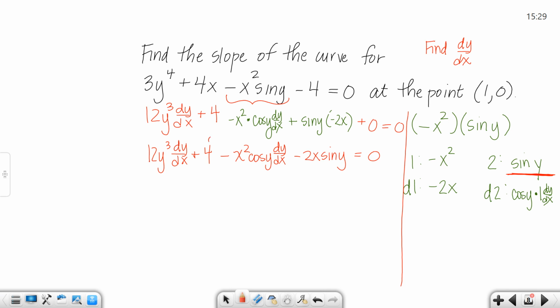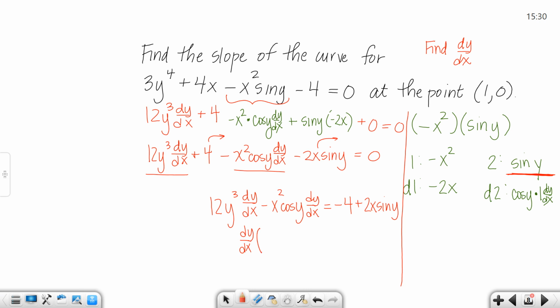Now, cleaning this up, I need to shift the 4 to the other side and shift this 2x sine y to the other side, leaving these dy dx terms. So when the 4 moves over, it becomes negative, and when the 2x sine y moves over, it becomes positive. Take a dy dx out of both of these, factor it out.